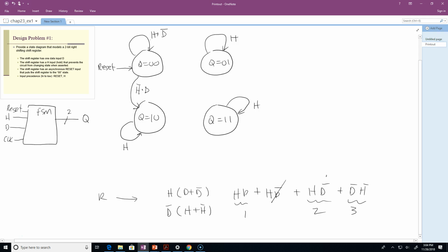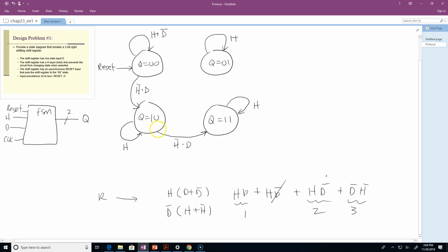Okay, so I'll continue on in this thing. It doesn't really matter which state I go to. I will go to this 1, 0 state. So it's the 1, 0 state, and D is a 1 coming on the left side, it's going to transition to this state. So this is H bar D. Okay, so this one here actually becomes this one over on the right side when I feed a 1 into that thing.